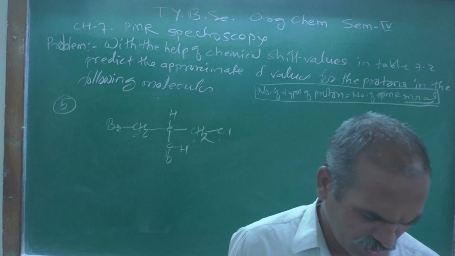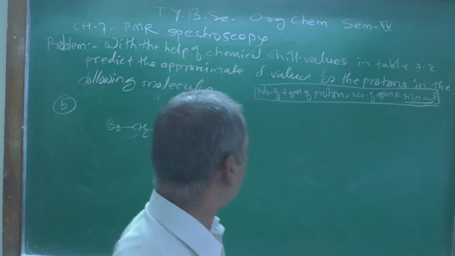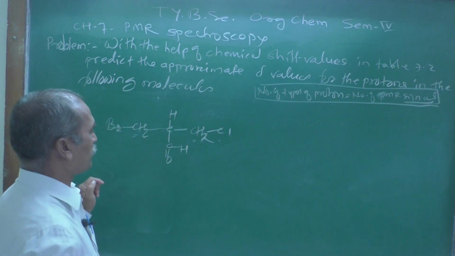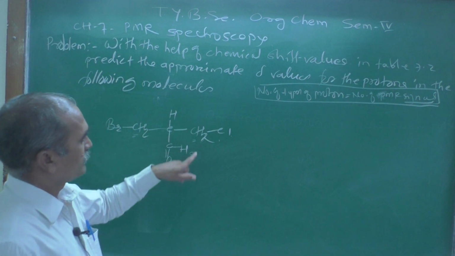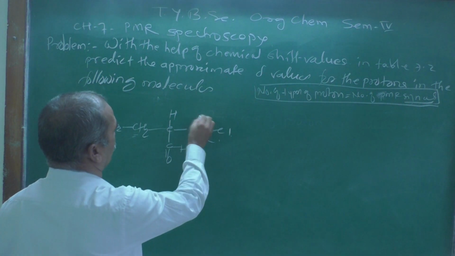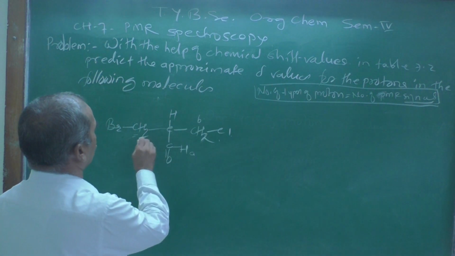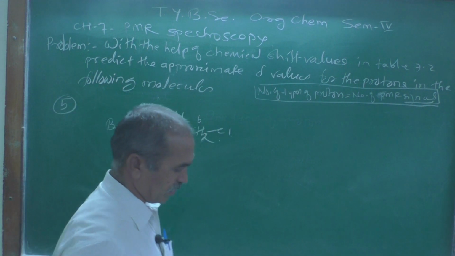Let us see over here, this is the aldehydic proton. I am labeling this A proton. This methylene you can call a B proton, this you can call a C proton, and this you can call a D proton.